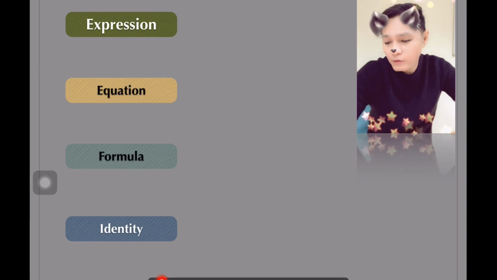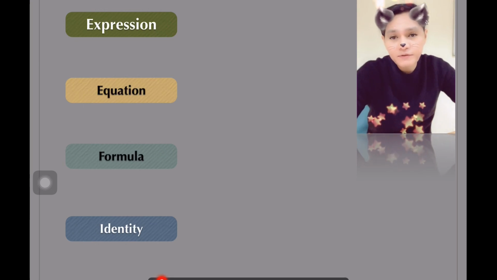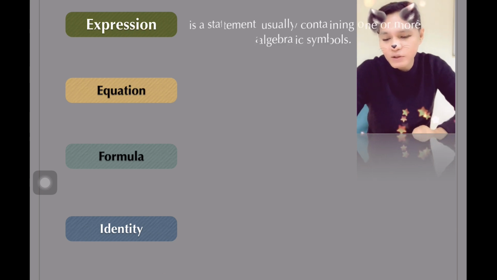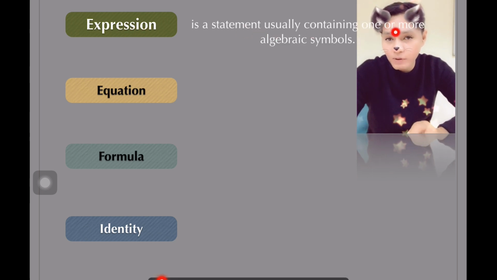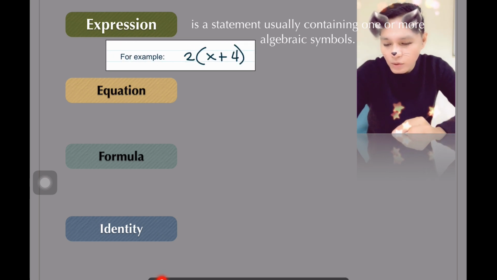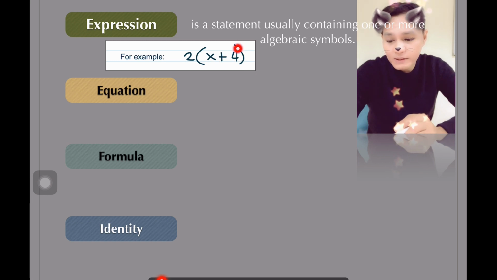Before going further in the study of algebra, let's try to differentiate first some of the very important vocabularies, or mathematical terms, in algebra. We just defined expression, and an expression is a statement usually containing one or more algebraic symbols. Here in the example, we have 2(x + 4), or we call it 2 times the sum of x plus 4.